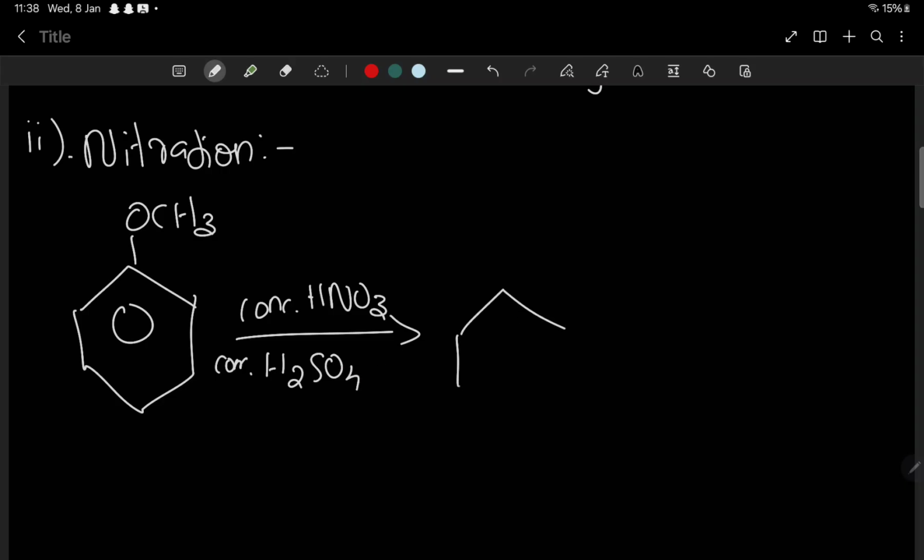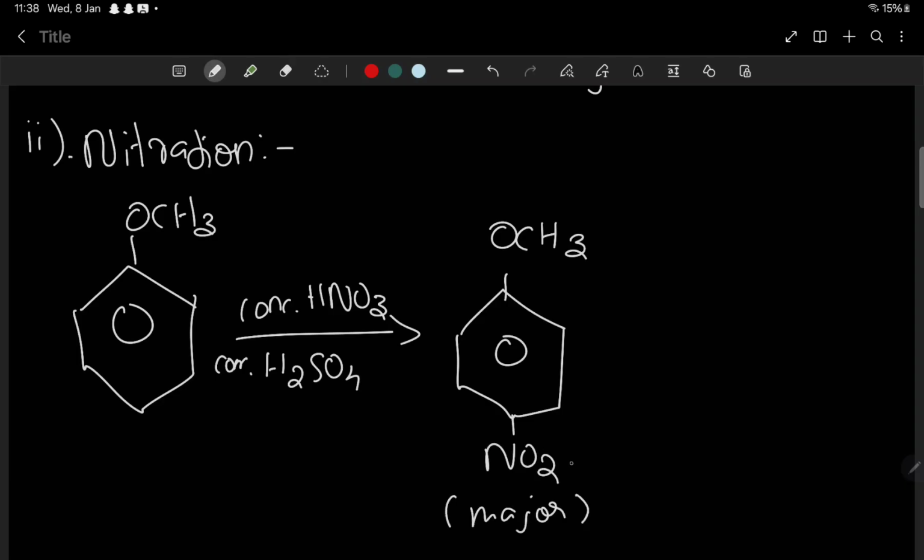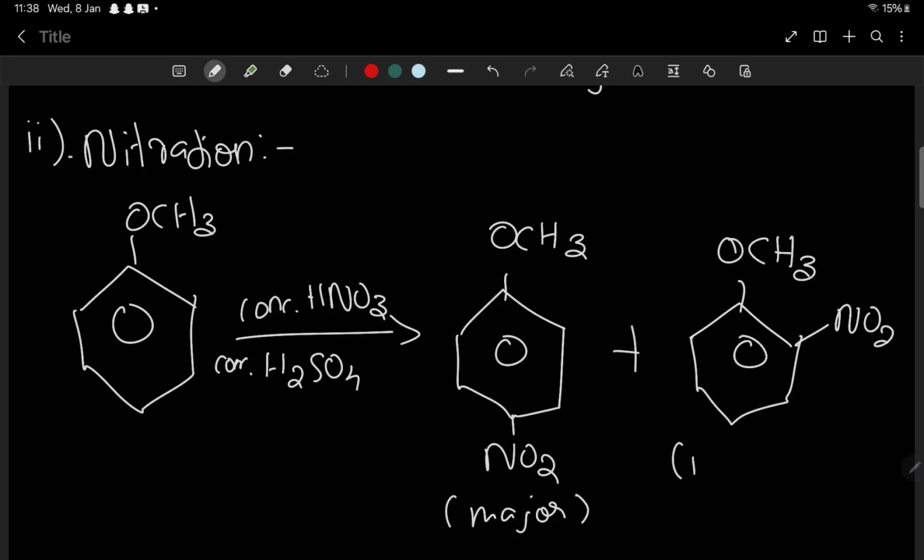Correspondingly, NO2 goes and adds in the ortho and para positions. NO2 in the para position is major, NO2 in the ortho position is minor. This is a simple one.